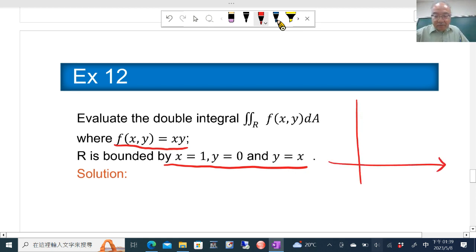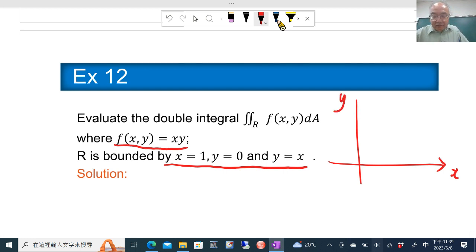Okay, this is x, this is y, and this is x equal to 1. We also have y equal to 0.